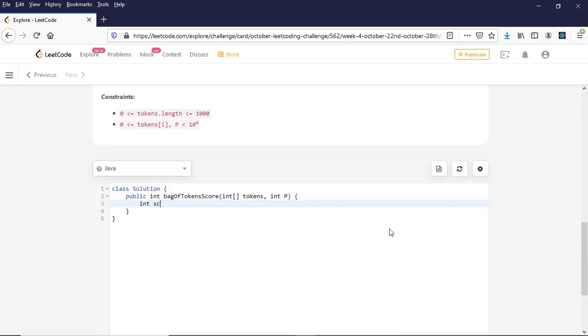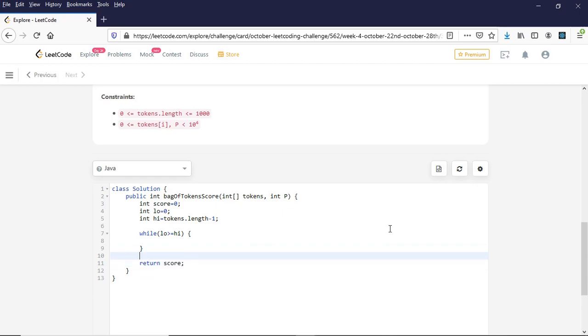So I'll have a score initially equal to 0, then the low value is 0 and the high value is tokens dot length minus 1. I'll have a while loop and at the end I will return the score value.